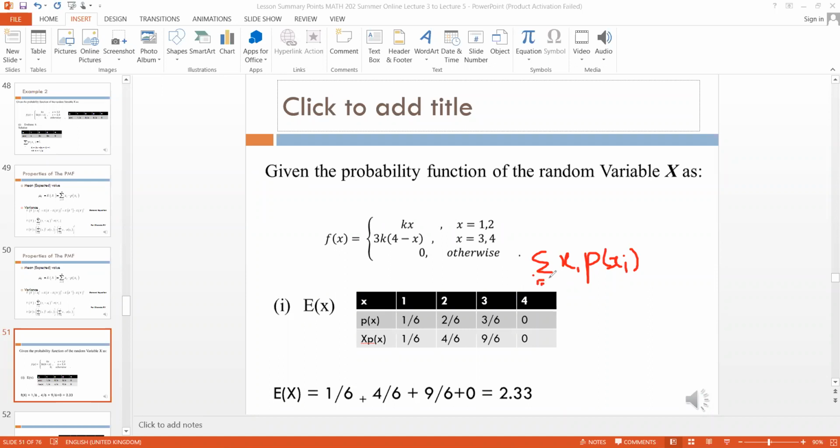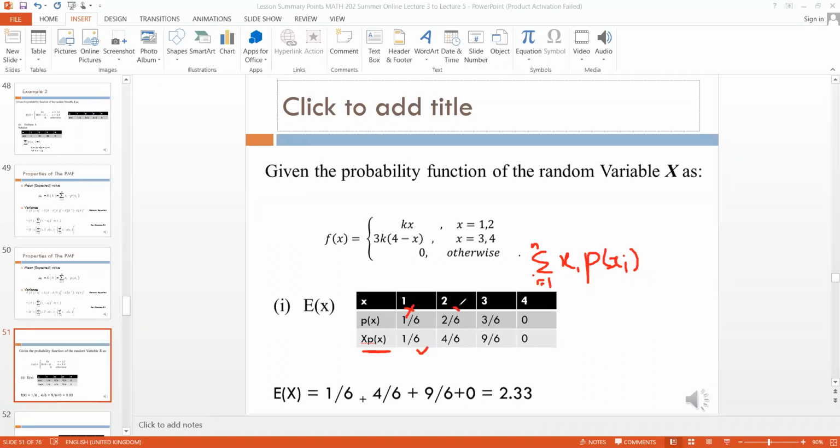So this is x, this is p. It means you have to find the quantity xi times p of xi, which will be 1 times 1 over 6. That gives us 1 over 6.